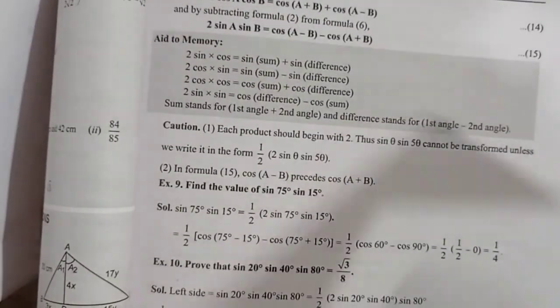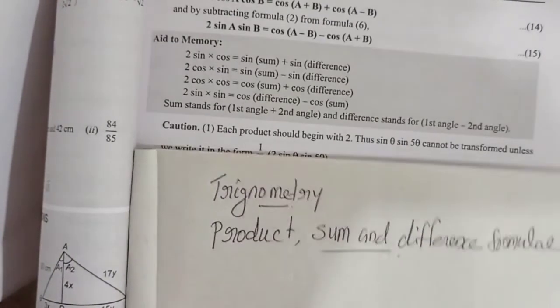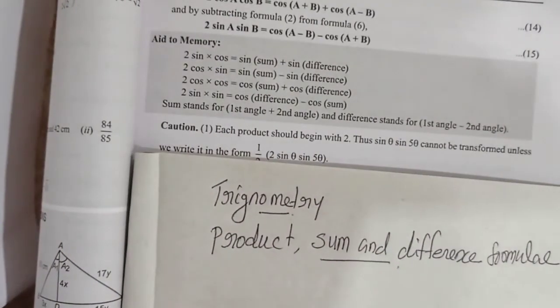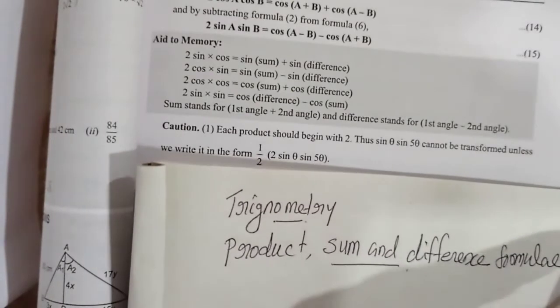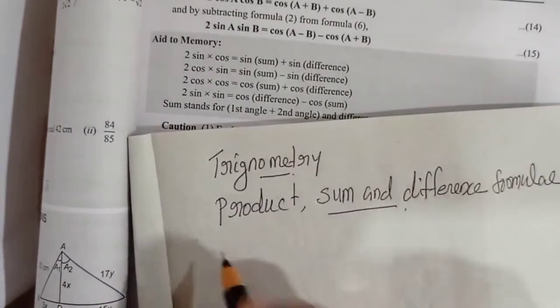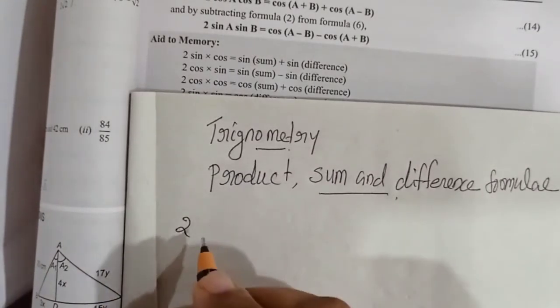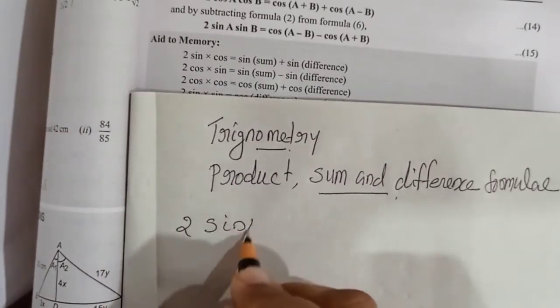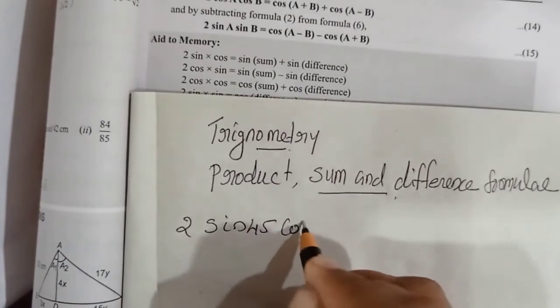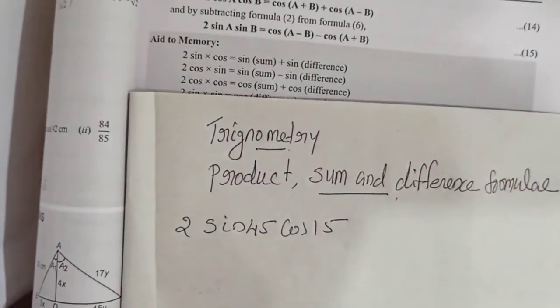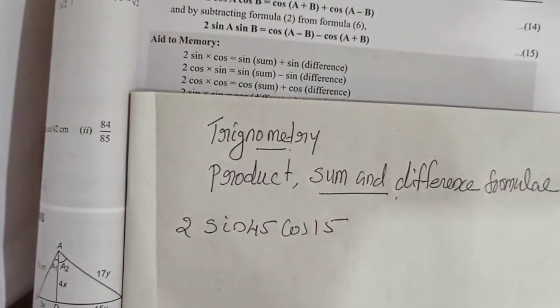Now we are going to do the problems from that section. Write down the first problem. 2 sin 45 cos 15.